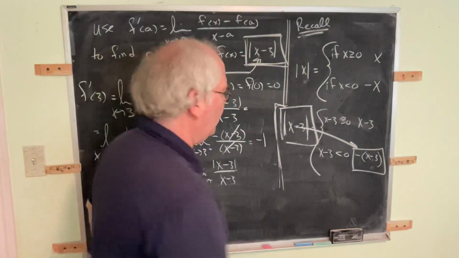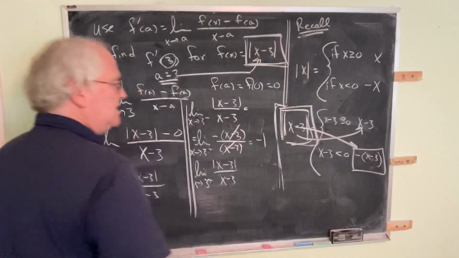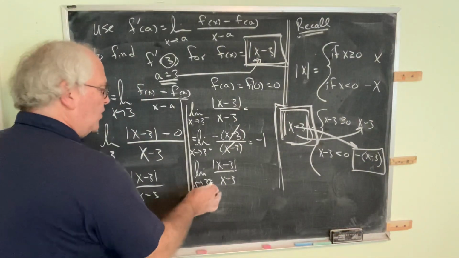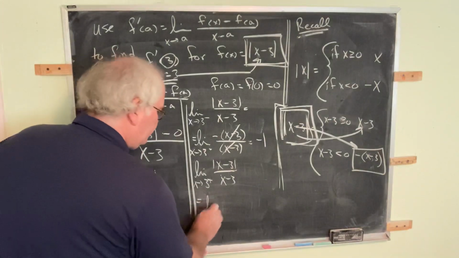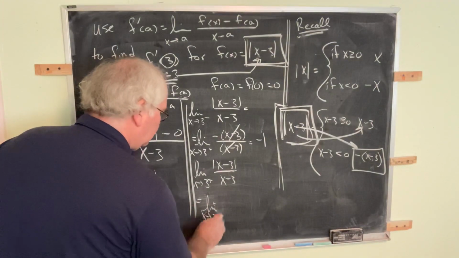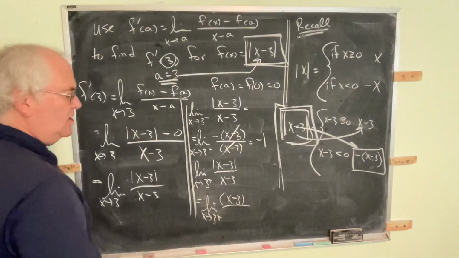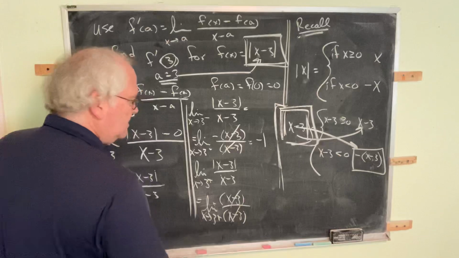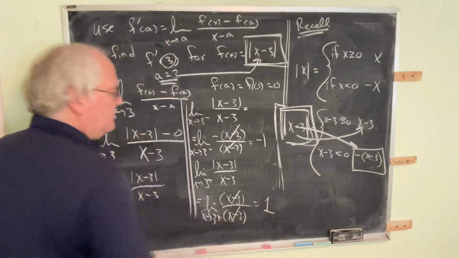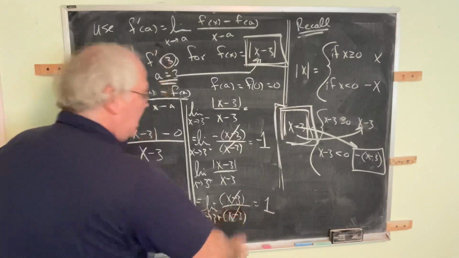And when you're in category 1, absolute x minus 3 gets replaced with just x minus 3. So the numerator is just x minus 3. There is nothing to do to it, and that reduces to just 1. The limit from the left is negative 1. The limit from the right is positive 1.